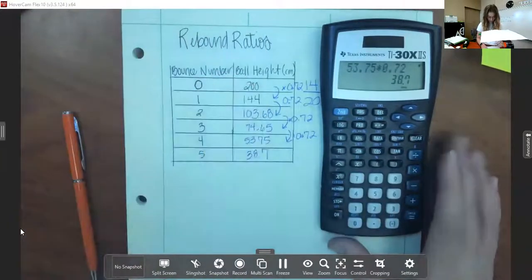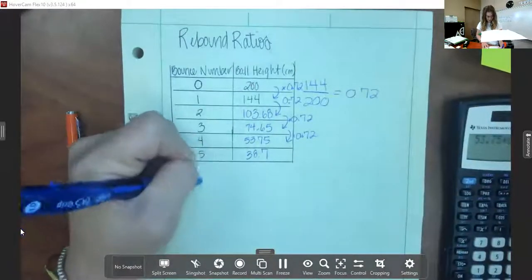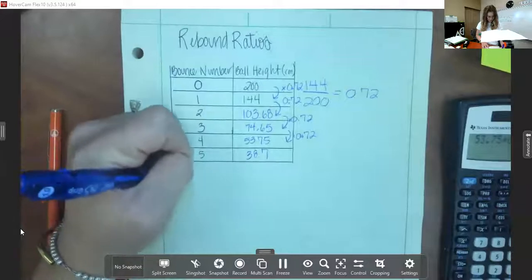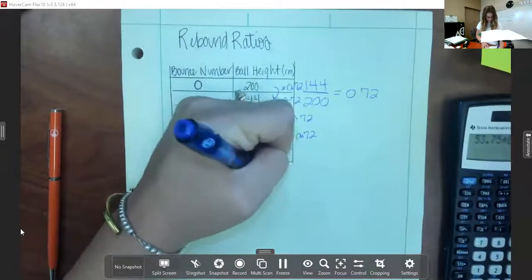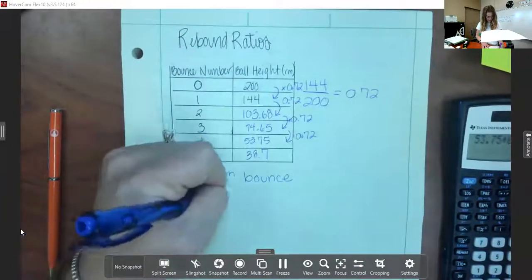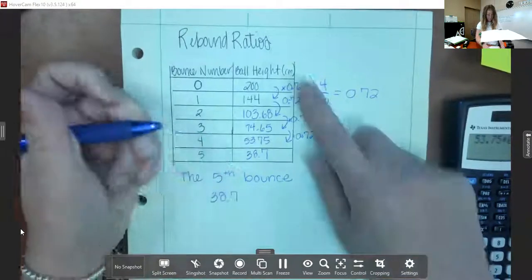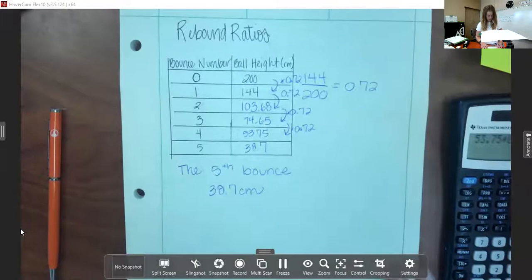So the answer to the question is 38.7. The fifth bounce means the ball will be at a height of 38.7 centimeters. We cannot forget to use our units.